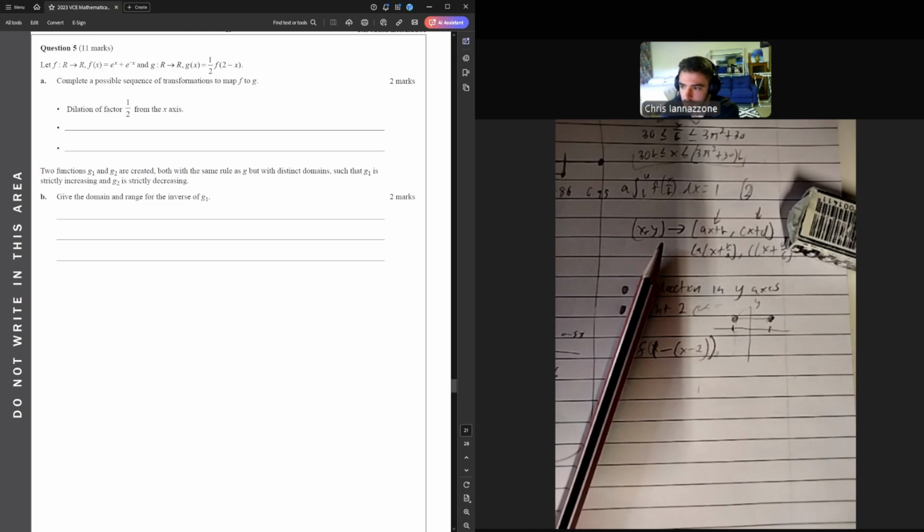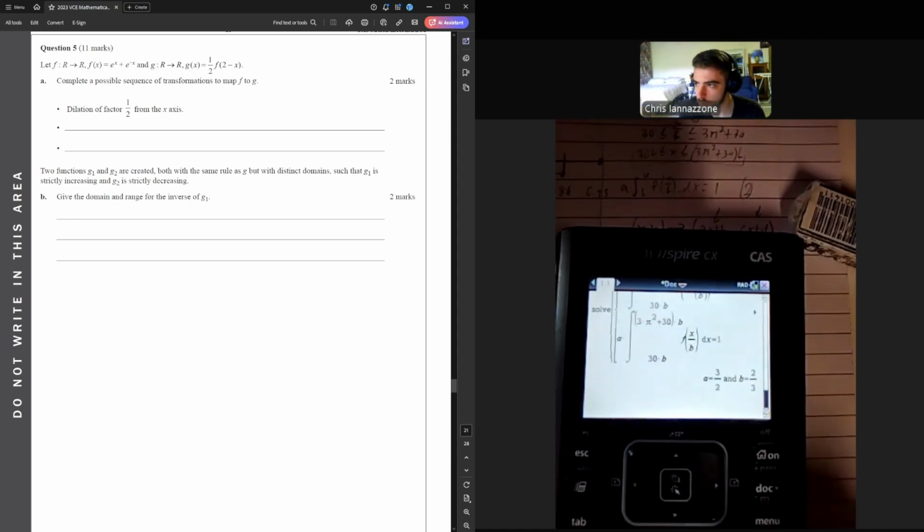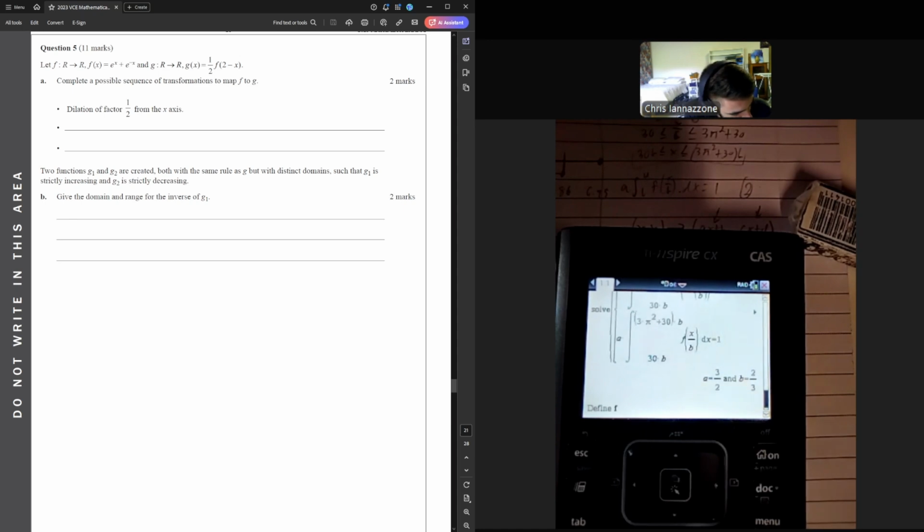Well, okay, one thing we can do to figure that out is to start with saying what actually is g of x. We've only just played around with the transformations that were applied to it, so let's actually figure out what g of x would be. To do that, we're going to start by defining f of x. So f of x was e to the x plus e to the minus x.